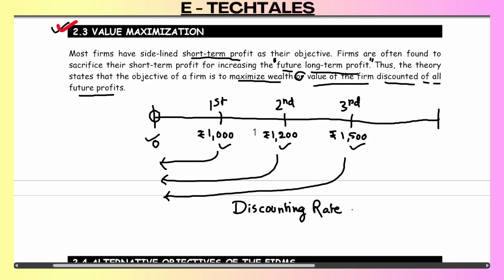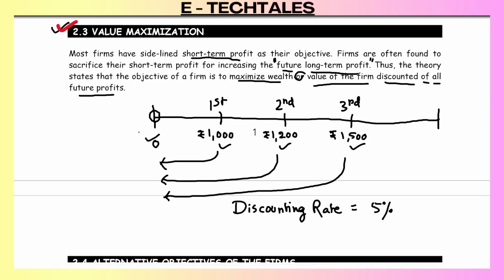Okay, I'm assuming that the rate here is around say 5%, let's say 5%. So with this 5%, I can understand the wealth that I can project now for the upcoming 3 years, or I can understand the value of the firm.